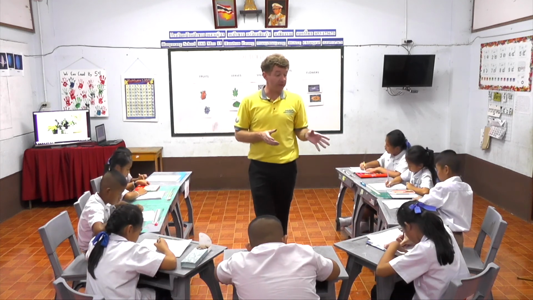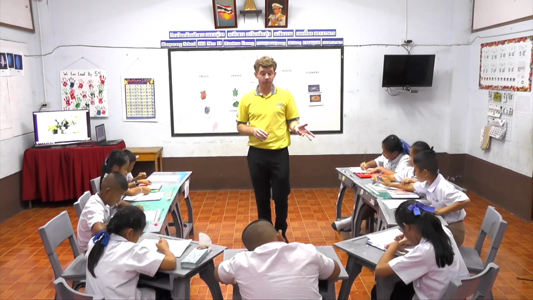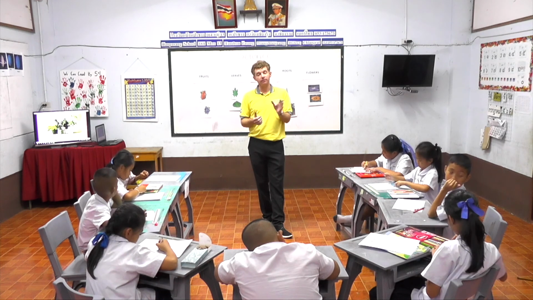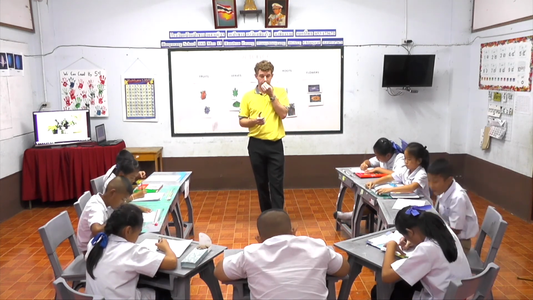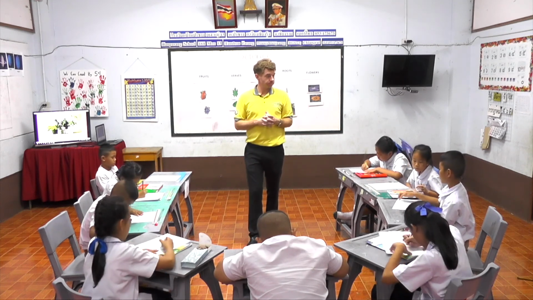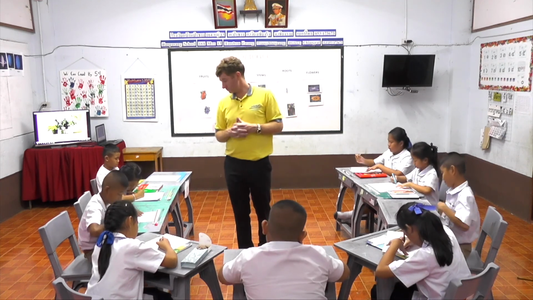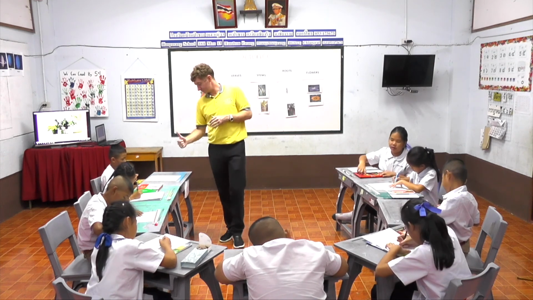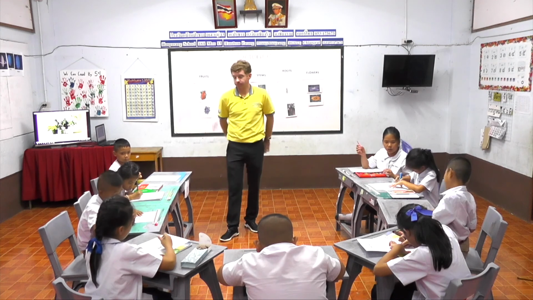Excellent. The stem will be green or brown, and your leaves or your leaf will probably be green. But then your flower can be as many colours as you like. Excellent, Pakbong. Chu, very good. So you can see the different parts of the plant.